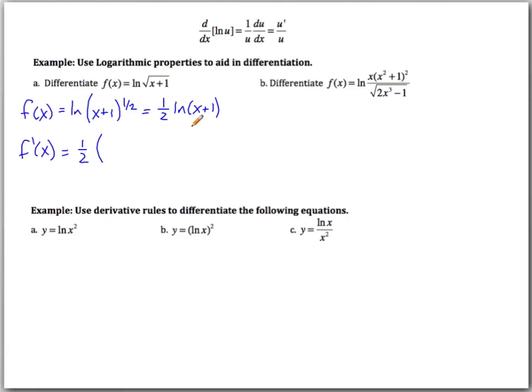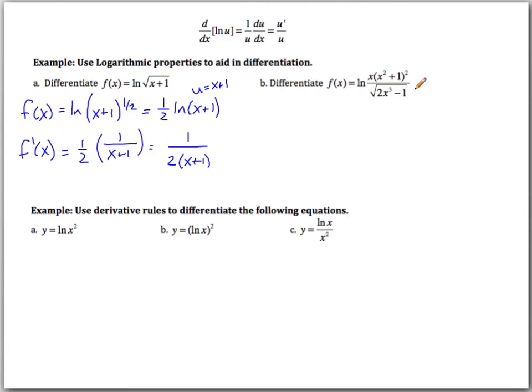And now we need the derivative of the natural log of x plus 1, which remember is u prime over u. And u in this case is going to equal x plus 1. So u prime is just 1 over u, which is x plus 1. And so if we wanted to simplify this, we would have the derivative 1 over 2 times quantity x plus 1.